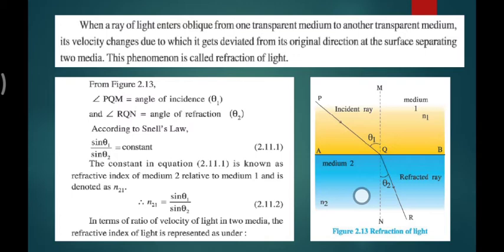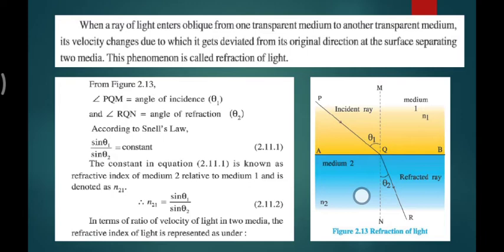Now you have a question in your mind: why does light bend? I can answer that. When light changes medium, while propagating through the media, it changes its velocity. It does not keep the velocity it had. Generally light has a velocity in air of 3 lakh kilometers per second, 3 times 10 to the power 8 meters per second.